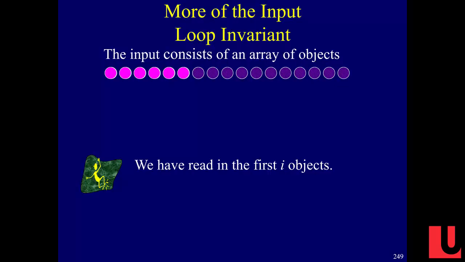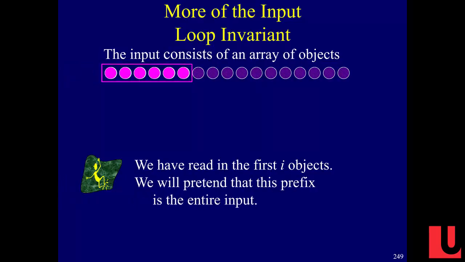It's the past tense. Somehow we are considering the first i of the objects, or some i of the objects, but usually the first i. And we're going to pretend that that's the entire input, right? So we're going to ignore the rest.